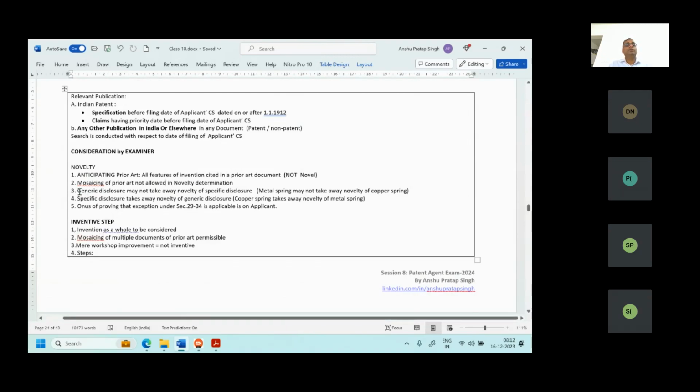Then comes another part, generic and specific. If there is a generic disclosure, it will not take away the novelty of a specific disclosure.